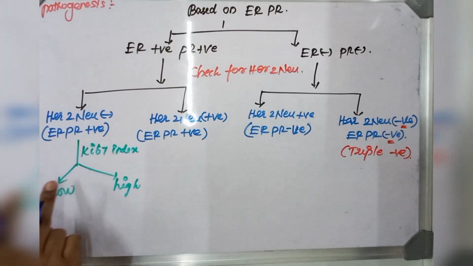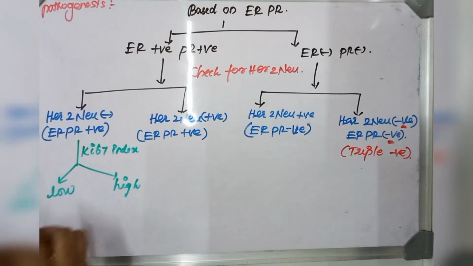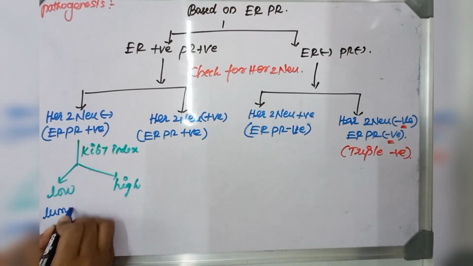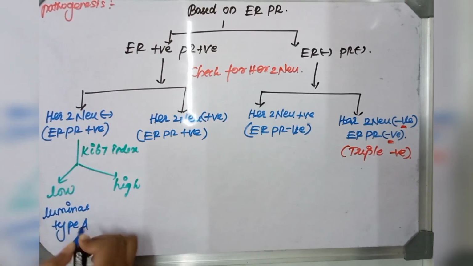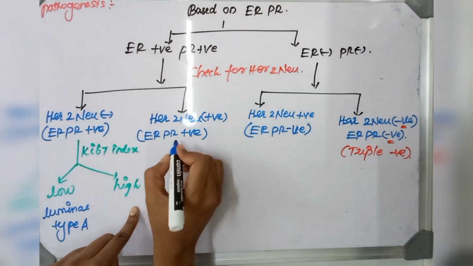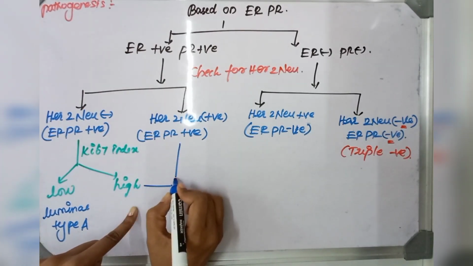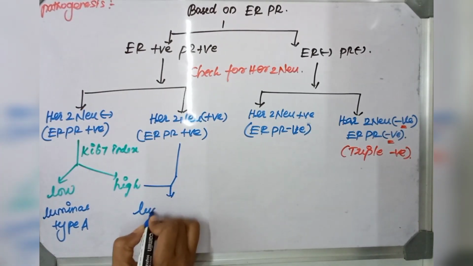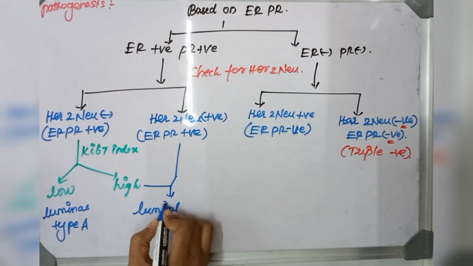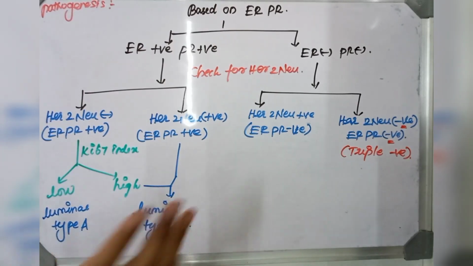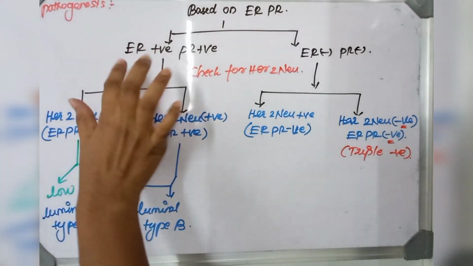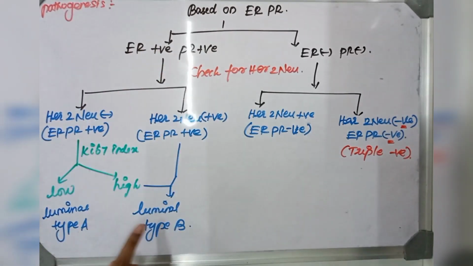So this low is going to be luminal type A. And this high, along with this, is called luminal type B. Both of them are ER-PR positive, that's why they are included in luminal.